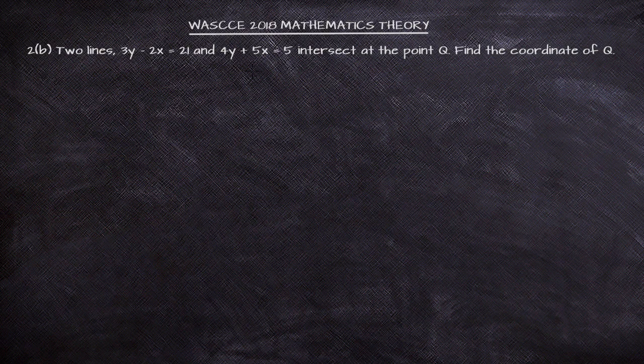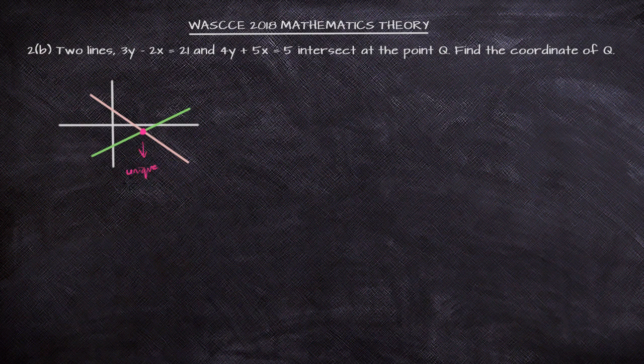Our question number 2b, we are told that two lines which are given by these equations intersect at the point Q, and we have to find the coordinates of Q. Now, if we understand the concept of the graph very well on our Cartesian coordinates, whenever we draw two lines and they intersect at a point, that intersection is the unique solution to those two lines.